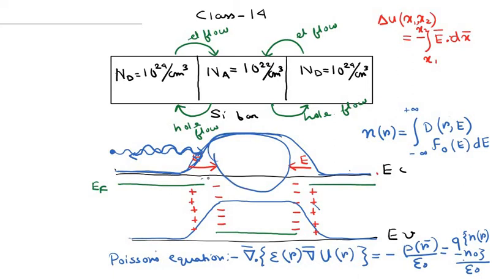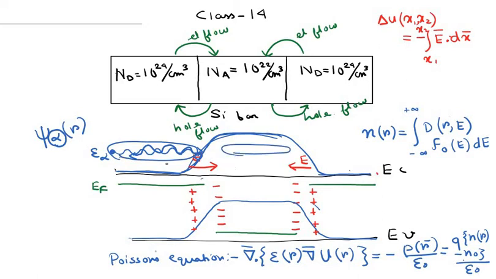Whether there would be a state or not at a point in space depends on that point itself. So that is why this psi alpha is actually a function of R. For example, if this alpha has the eigenenergy at this energy over here, in that case there are states corresponding to this eigenenergy in this region, but there are no states corresponding to this eigenenergy in this region over here.